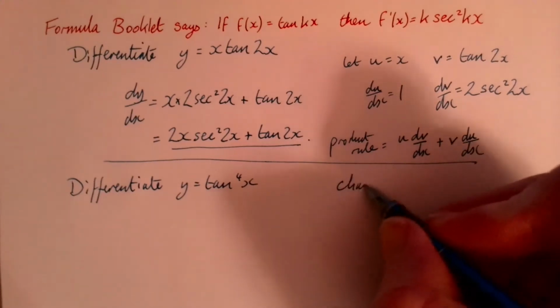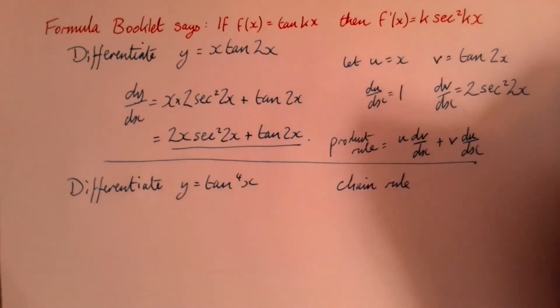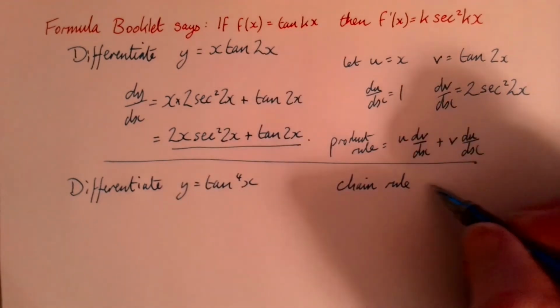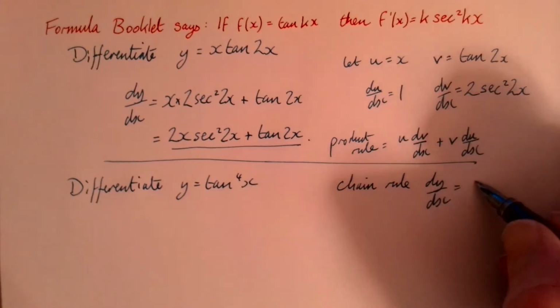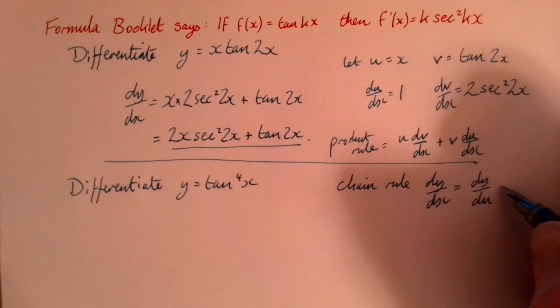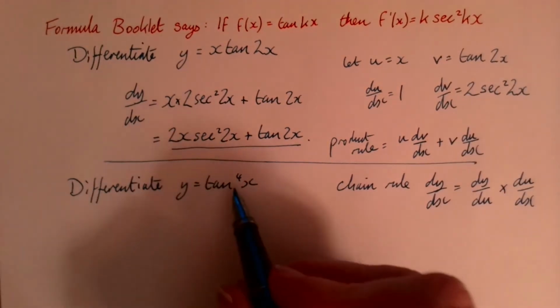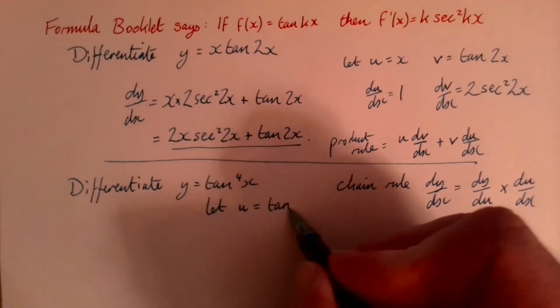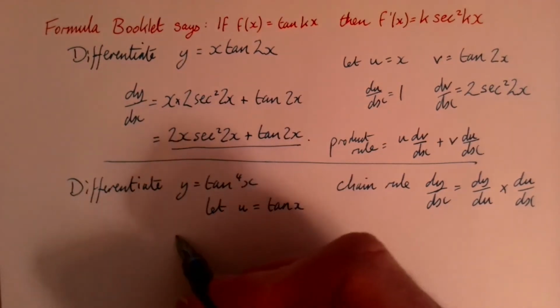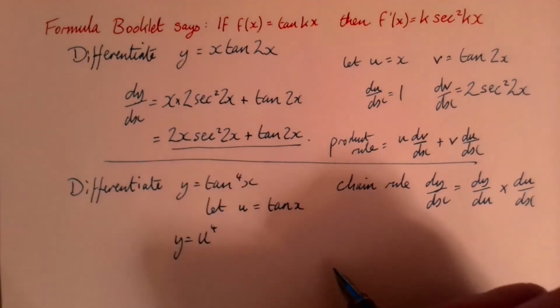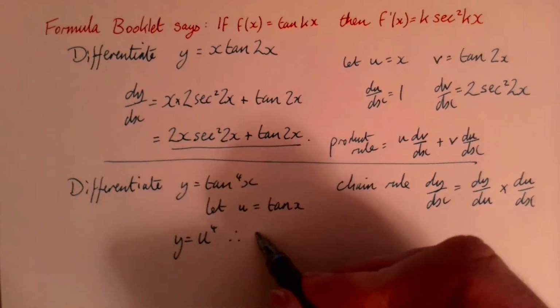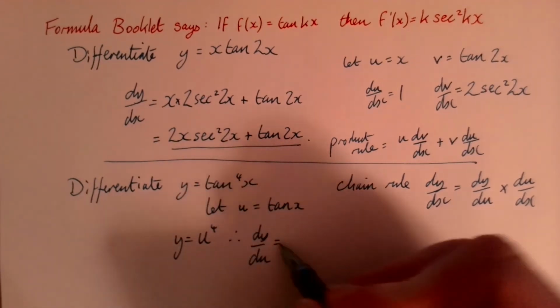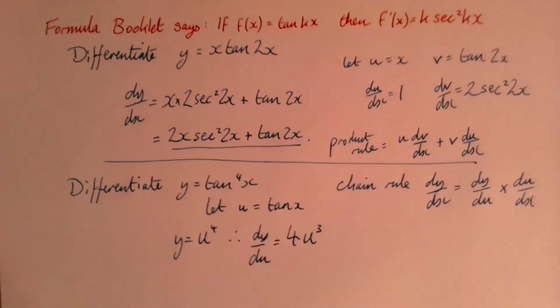So, the chain rule, saying that we can say that dy dx is going to be dy by du times du by dx, so that the u's cancel out, and we would be letting u equal tan x here, because then we can say y equals u to the power 4, and therefore dy du will be 4u cubed.